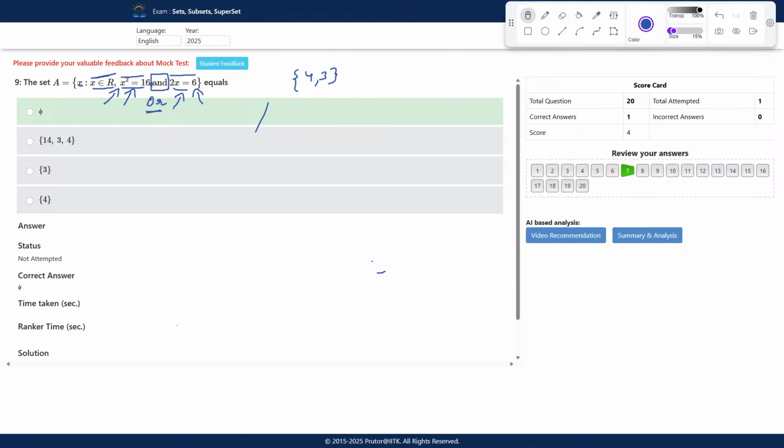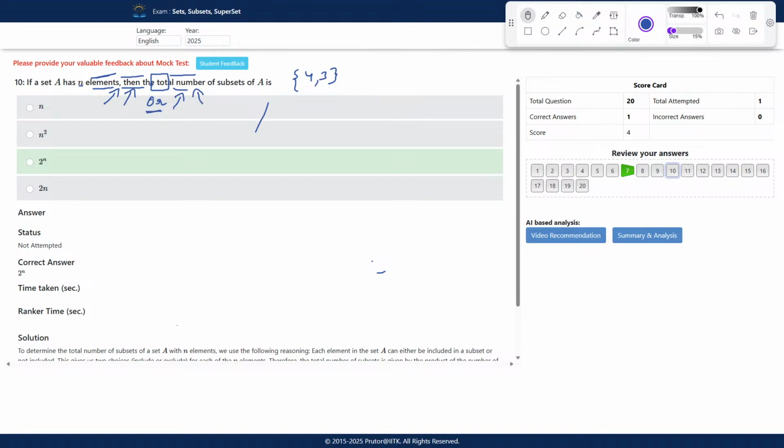Okay. Now, let me clear this. Answer this. In theory, I have already told you the number of total subsets from any set containing some definite number of elements.